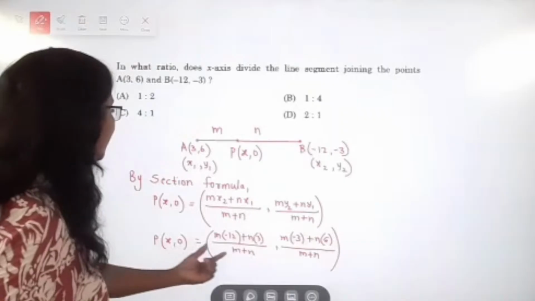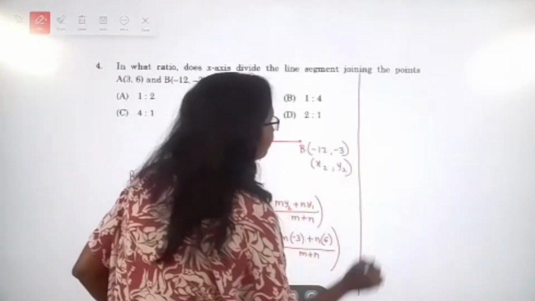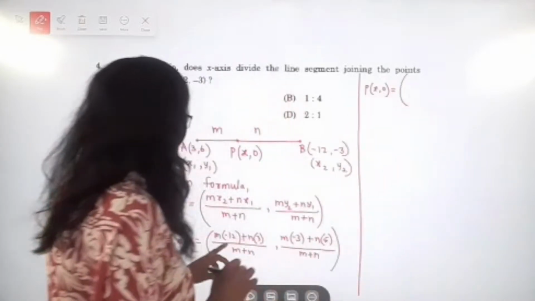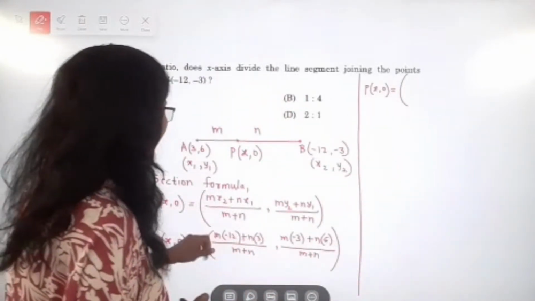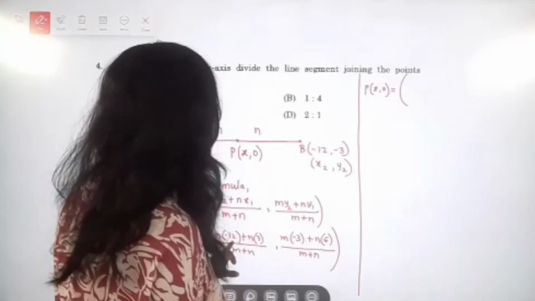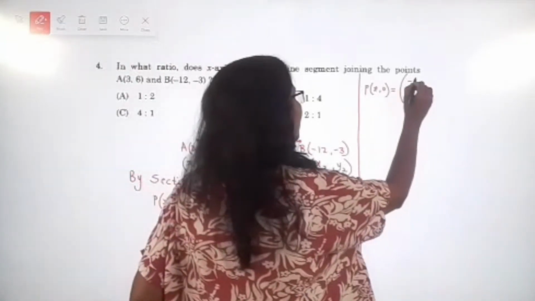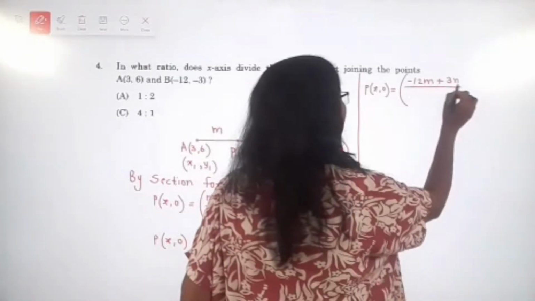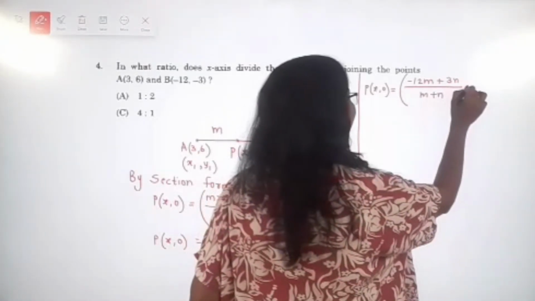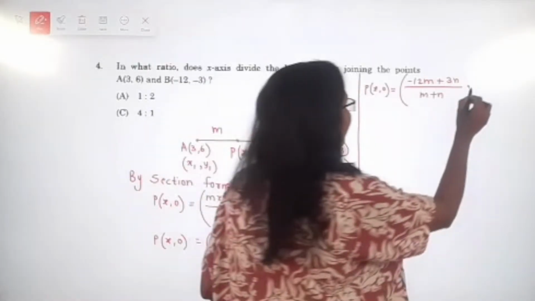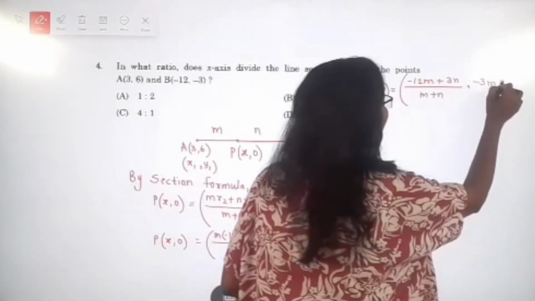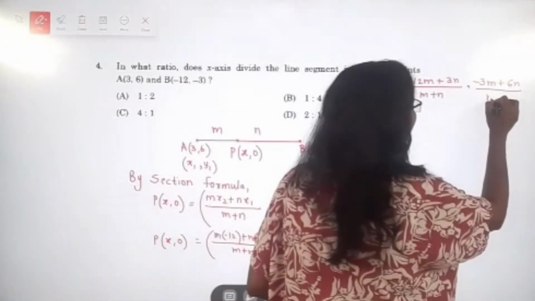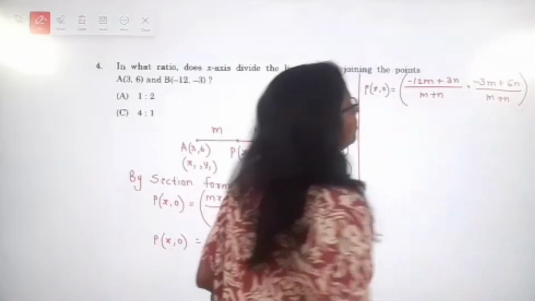We simplify as P of x, y, which is equal to, minus 12m plus 3n upon m plus n, comma, this is minus 3m plus 6n upon m plus n, bracket complete.